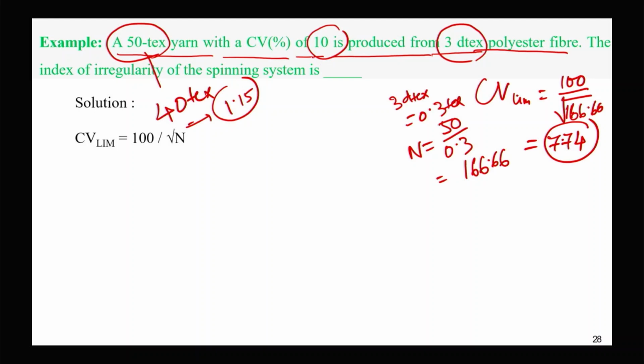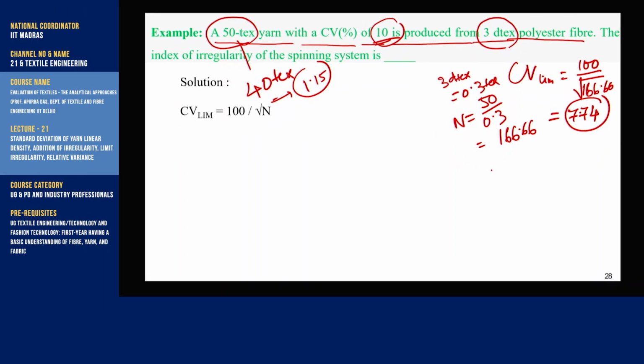We are producing a CV of 10, so the index of irregularity will be 10 by 7.74, definitely more than 1.15.